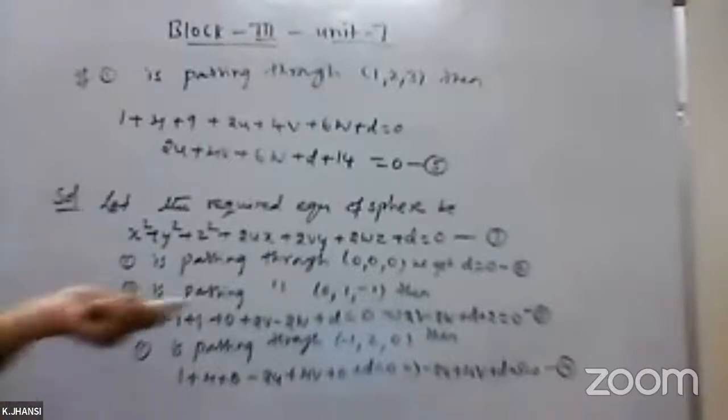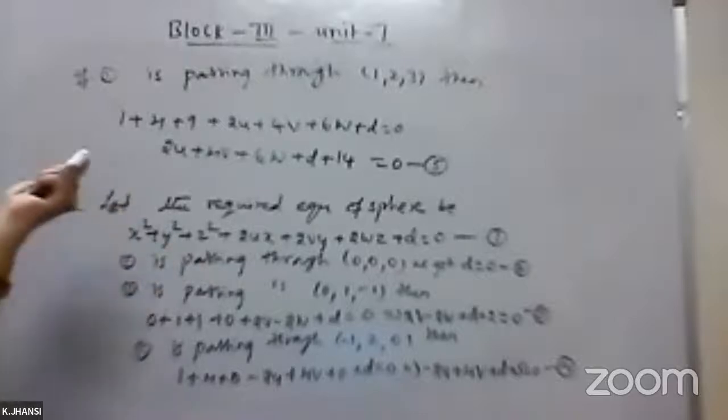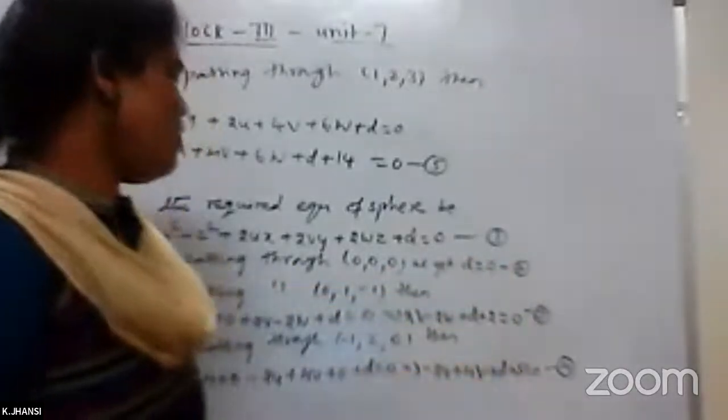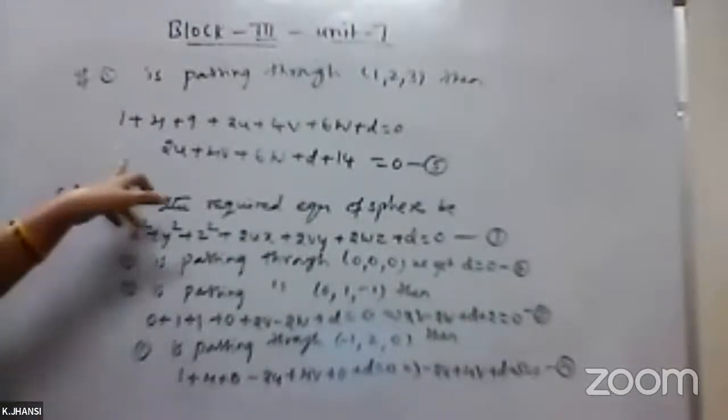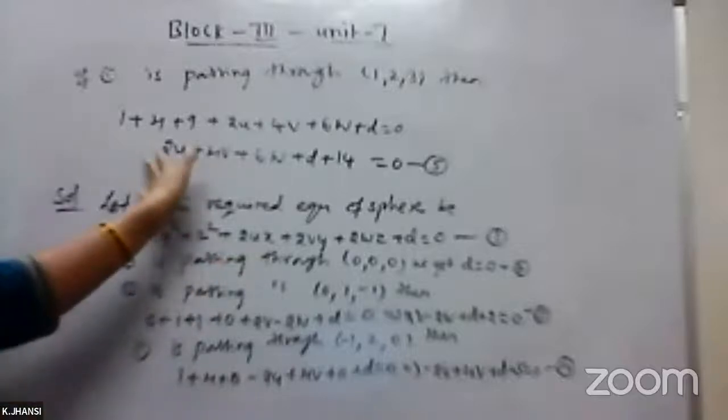Now you have to solve any of the equations. You can substitute the d value as 0, eliminate that, and only do u, v, w. Second, you have d equals to 0. In the third equation you have -2u plus 4v plus d plus 5 equals to 0. In all the cases, you substitute d value as 0.